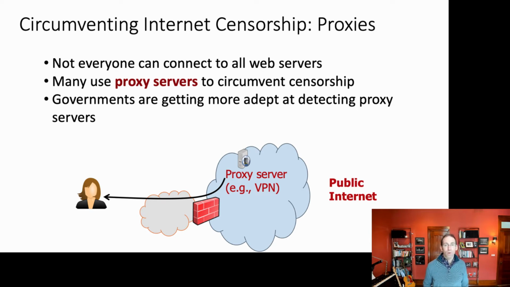A proxy server sits outside the censorship firewall, and someone who's behind the censorship firewall may be able to communicate with that proxy server, such as a virtual private network or VPN server, and that server can subsequently reach other parts of the public internet and relay content back to the original user or client through the censorship firewall. This is a widely used technique to circumvent censorship, although governments are getting more adept at both detecting and blocking proxy servers and VPN servers.